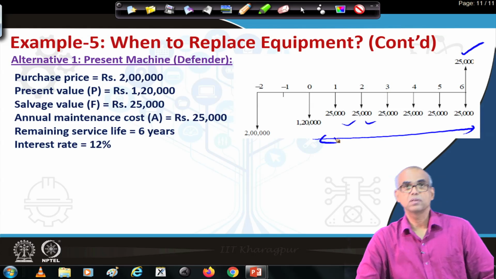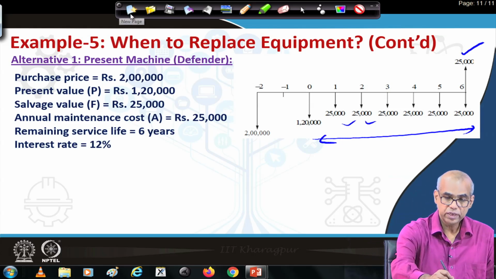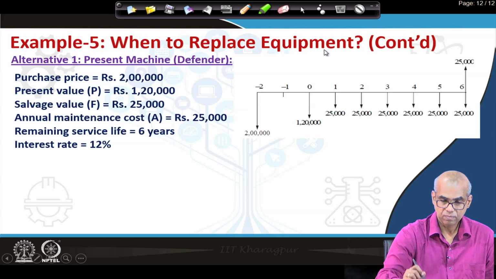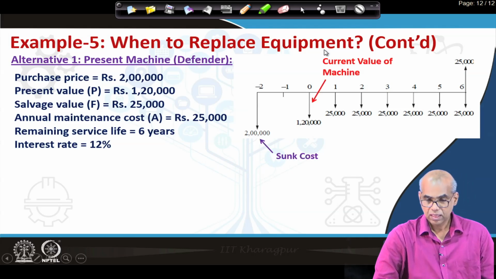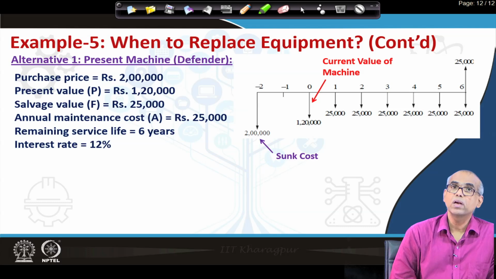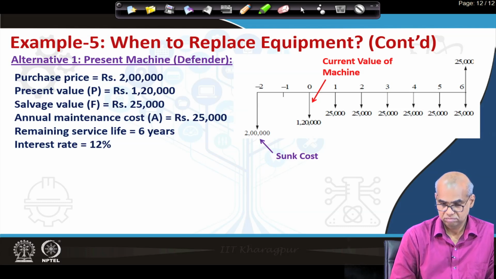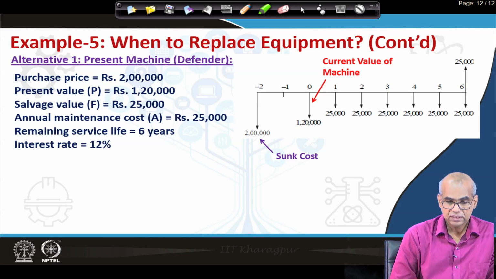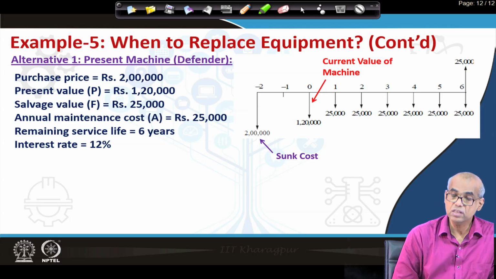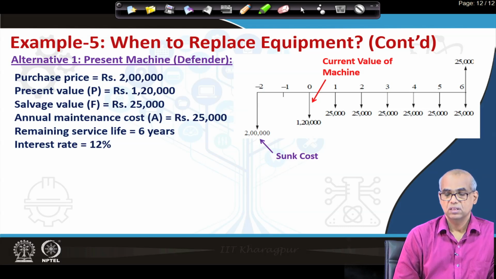Interest rate is 12%. Now, we need to understand one thing here, that the current value of the machine is 1,20,000. So, that is my time t equal to 0, and the purchase price of 2 lakhs rupees is a sunk cost which was invested 2 years ago, and this sunk cost will not be considered in the calculation of economic evaluation.